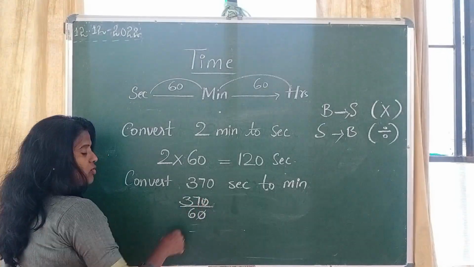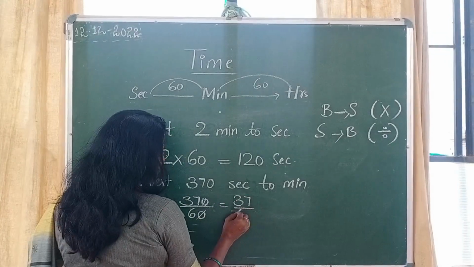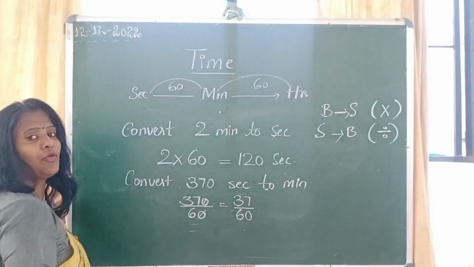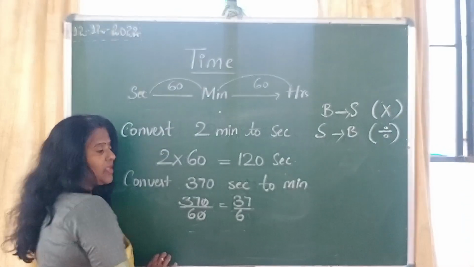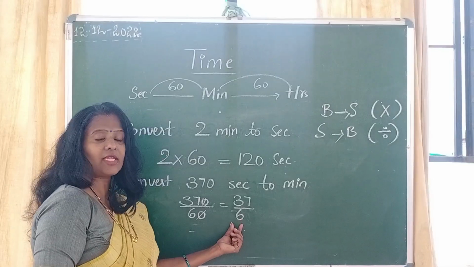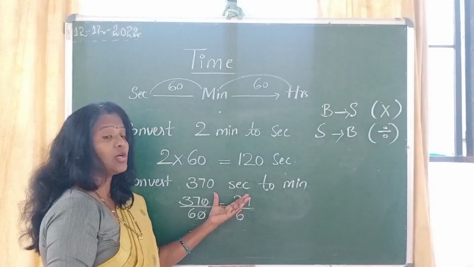The 0s cancel, that is 37 by 6. If you divide 37 by 6, this is in fraction, so you have to convert it in terms of minutes.